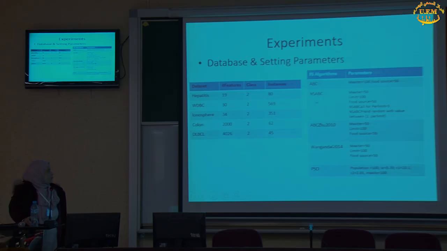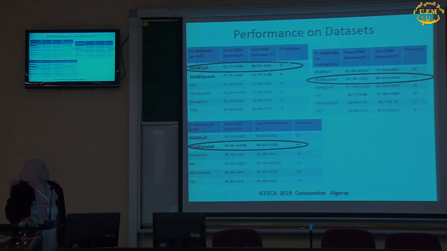We compare our approach, novel search artificial bee colony, with the standard ABC and other variants of artificial bee colony, ABC Zhu 2010 and Wang et al. 2014, and particle swarm. The results are given using a support vector machine classifier.